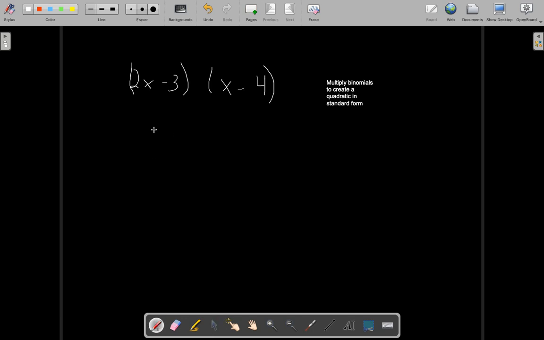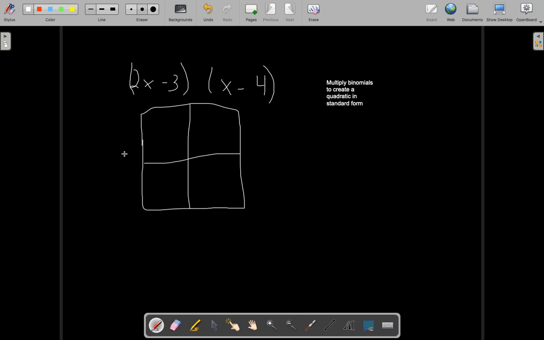All right. So we're going to use the box method. So we're going to make a box here. Got it. All right. So basically what we're going to do is take this one right here and this one right here, and make this the area of the box.